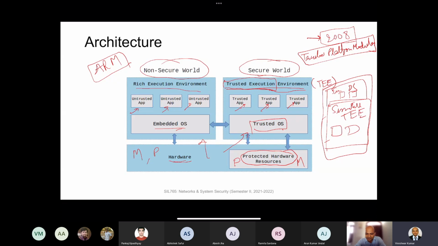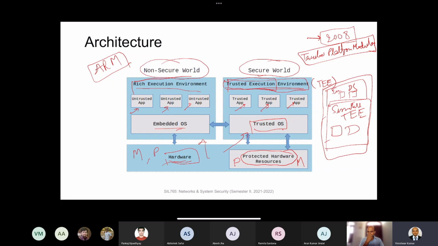But then there are other issues, as you have said. Cost is definitely something. So what happens is that you have this rich execution environment and this trusted execution environment, and you have, let's say, some hardware. Let's say you have a processor which has 4 cores, and now you give 3 cores to the rich execution environment and 1 core to the trusted execution environment.